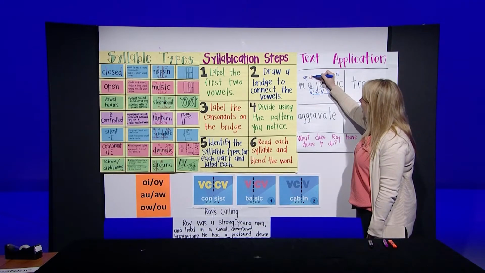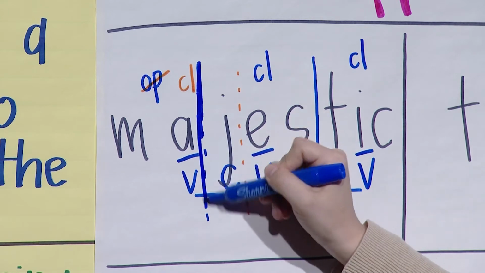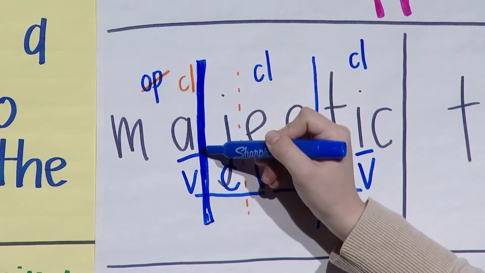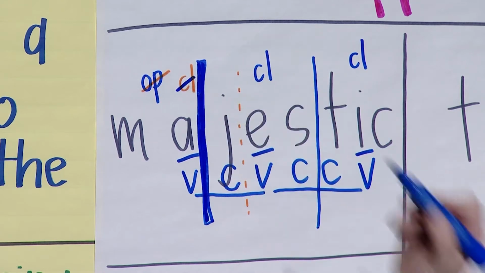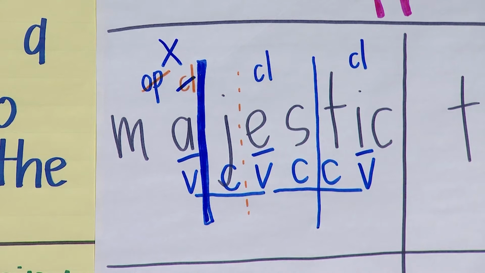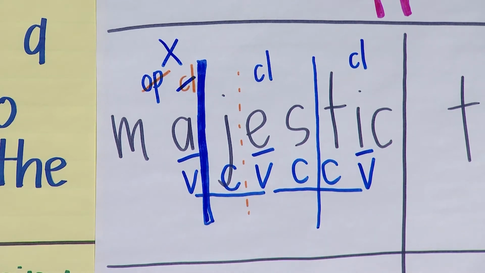Let's move this line back over here behind our vowel in our first division. And instead of marking this as a closed syllable, I'm going to put an X right here for the schwa. So this vowel A, instead of saying A or A, is going to say uh. It's an unstressed syllable.